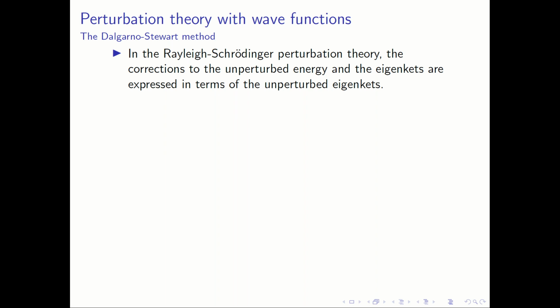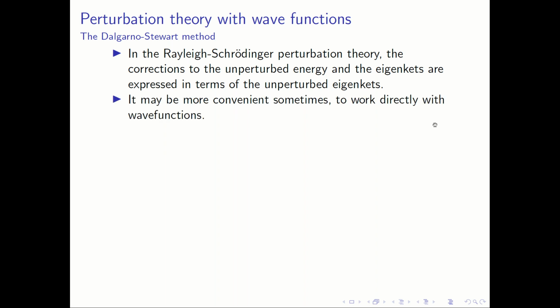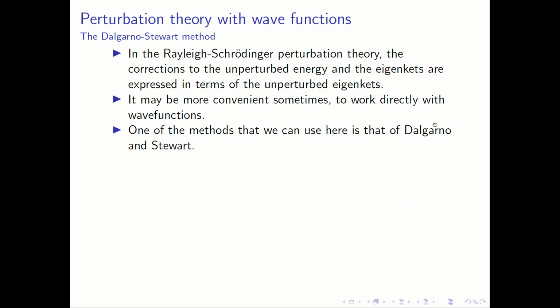While this is a perfectly useful and very successful method, there may be situations where other methods are more convenient. For example, it may be more convenient to directly deal with the wave functions rather than a complete basis. One of the methods that does this, not the only one, is the method of Dalgarno and Stewart. That is the one we are going to discuss here.